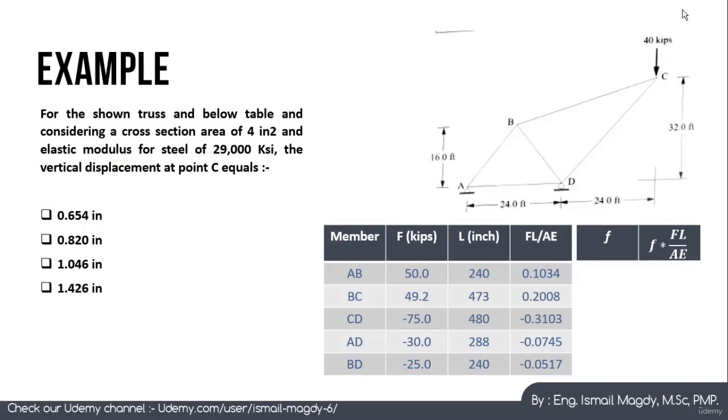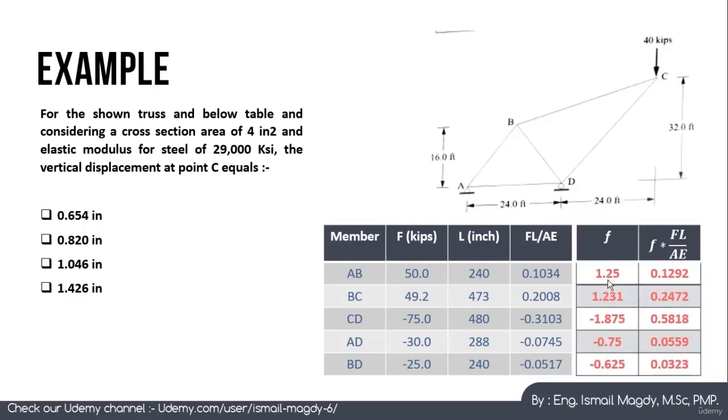Due to the 40 kips applied, you had 50 kips in member AB, which is this member. So it makes sense that when you apply only 1 kip here, or whatever load you apply, the force in this member is going to be 50 over 40. We said that F small will equal F over 40.